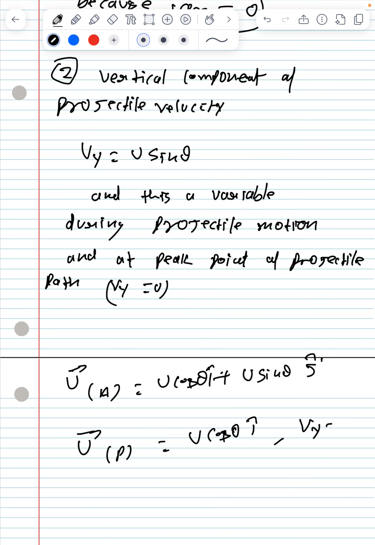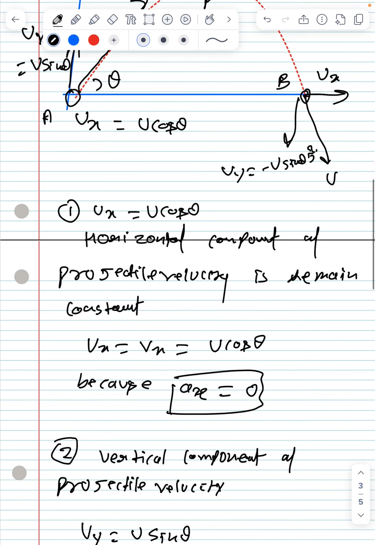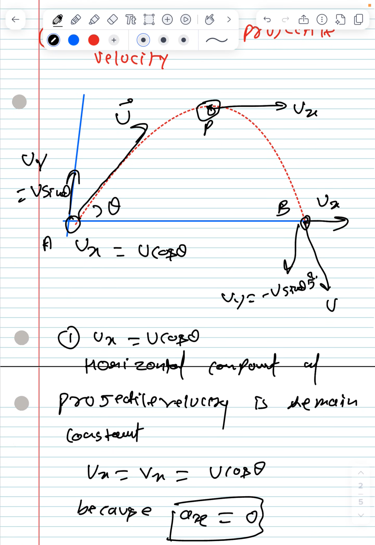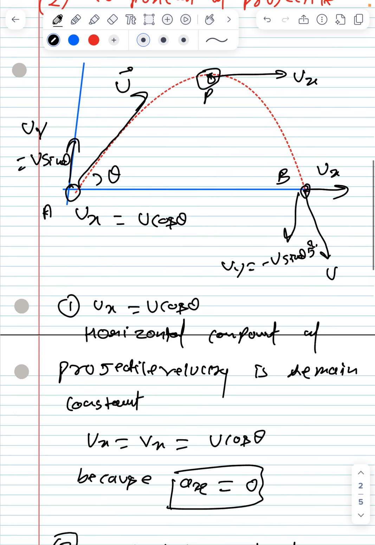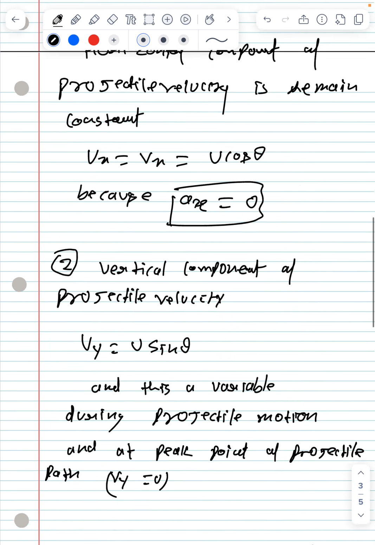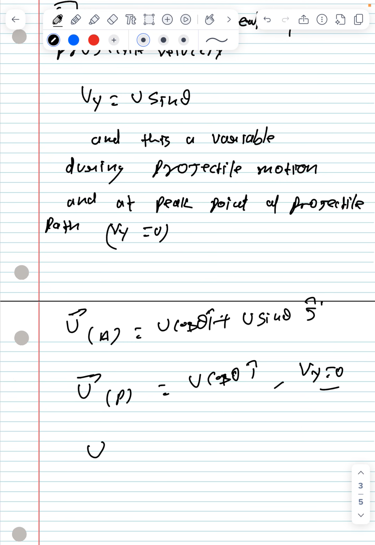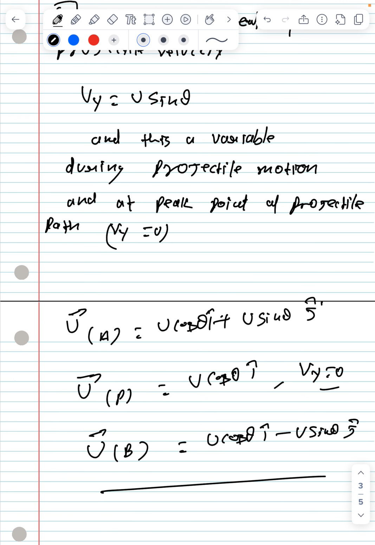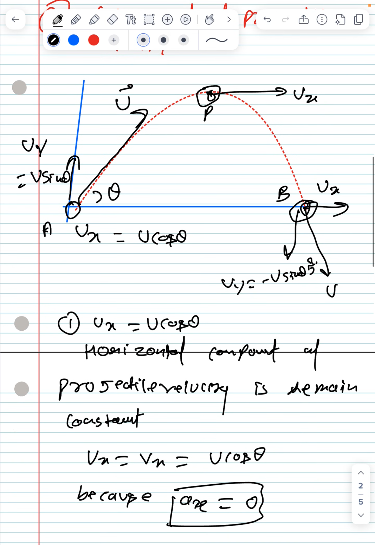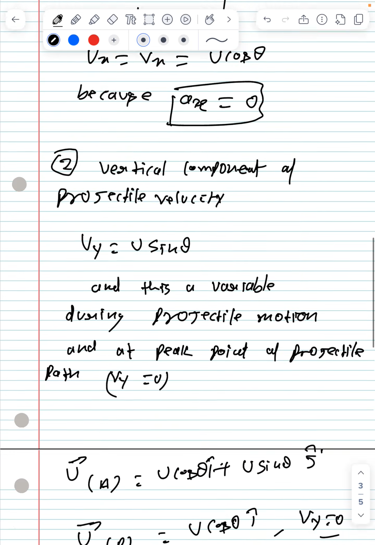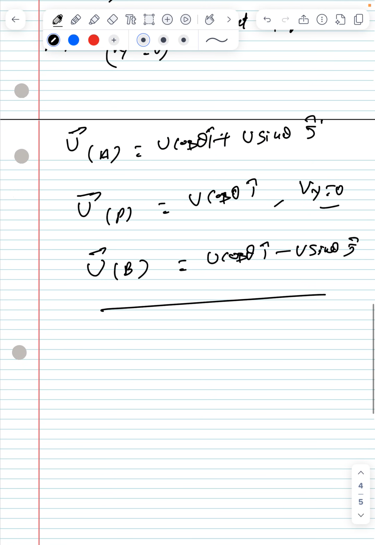And the velocity at this point is u cos theta i cap plus u sin theta j cap, and the velocity at the peak point is only u cos theta i cap, because the vertical component of projectile velocity becomes equal to 0 at the peak point of the projectile path.